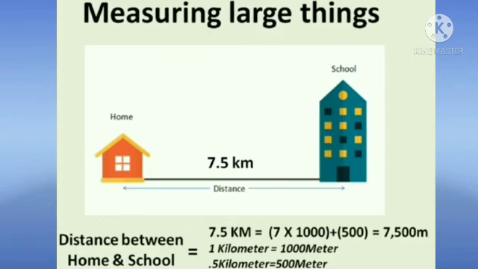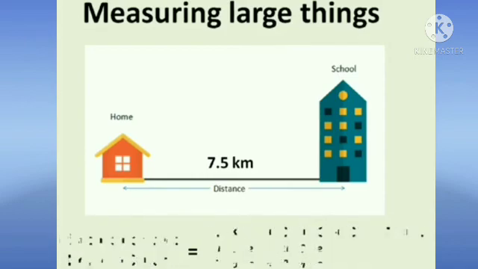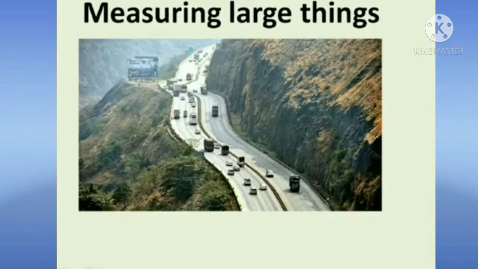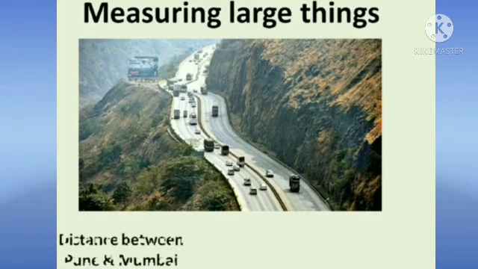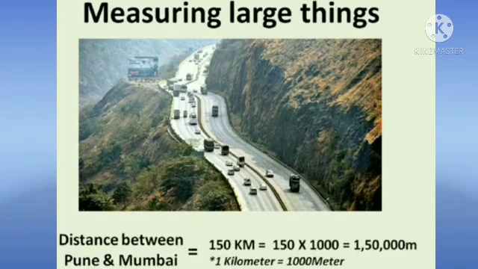Hence, we use kilometers for long distance or large things. Let's take one more example. The distance between Pune and Mumbai is somewhere around 150 kilometers, which comes to 150,000 meters. After converting, again note here 1 kilometer is equal to 1000 meter.